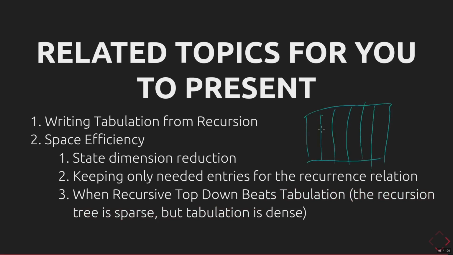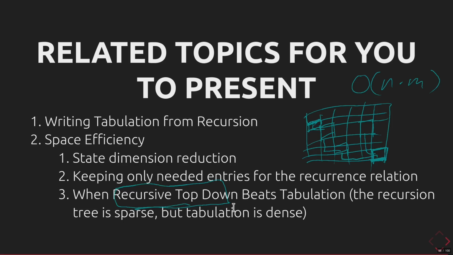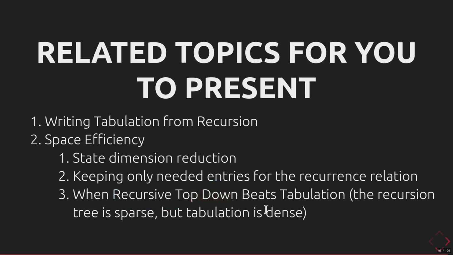With tabulation, you're going to go through all these different states when the time complexity is O(n times n), whereas for the final solution, if what you want is to calculate the state for this state, it might actually only care about these particular states, in which case you've just used up a bunch of time to calculate things that are not actually part of the recursion tree. That can be the case, and that's when top-down actually beats tabulation in raw time in milliseconds.